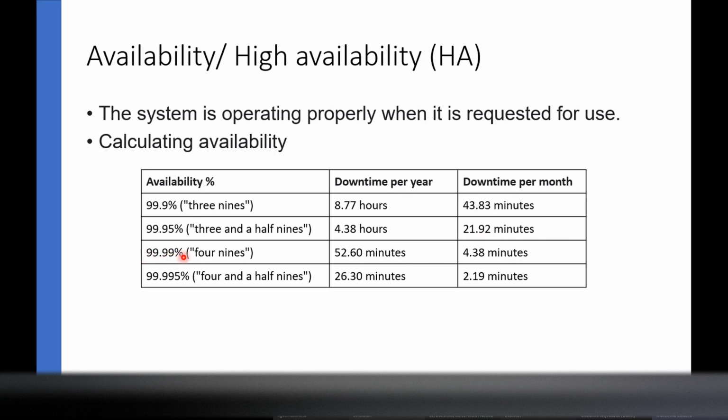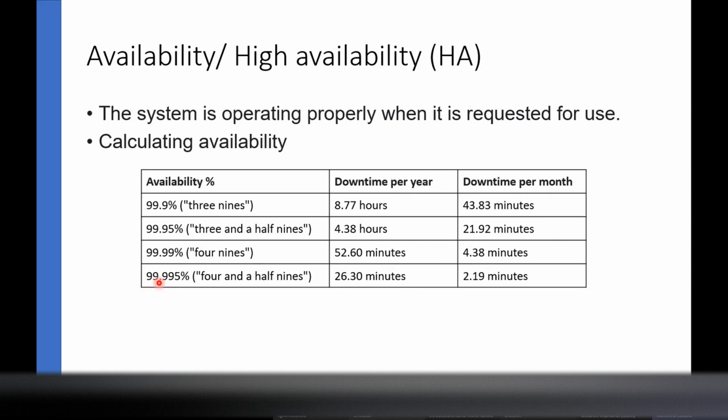Here, 99.99 means for the entire year it's less than 1 hour. For the entire year, any given time you can log in, there might be interruptions only for about 1 hour. Per month it's 4 minutes.